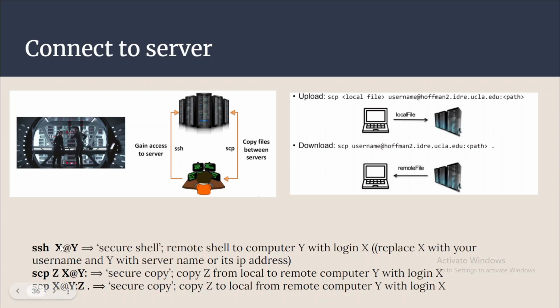Then you type @, and y is the server name. Either you can log in with the server name, or with the IP address of that particular server. The IP address is basically the identity of each server, and each server has a different one. Then it will ask for the password, you provide the password, you get the access, and now you are in the server.